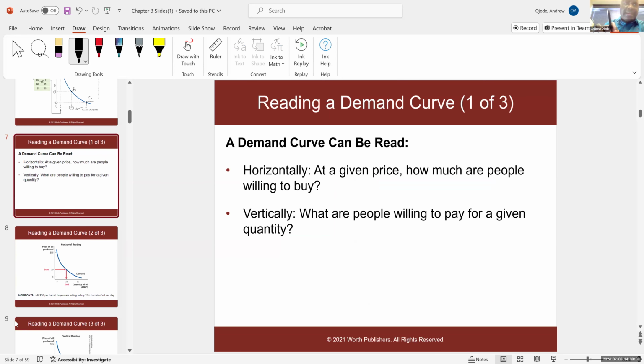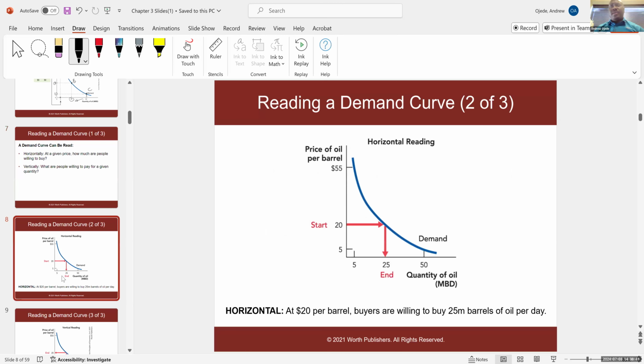If you look at this diagram on the next slide, reading the demand curve horizontally gives the quantity buyers are willing to buy at that price. Reading it vertically, at this quantity, buyers are willing to pay $20. So horizontally, you're reading the quantity. Vertically, you're reading the price.